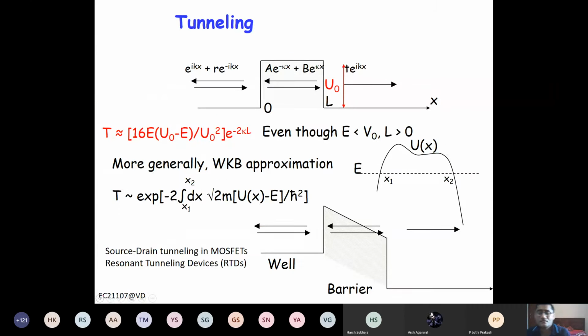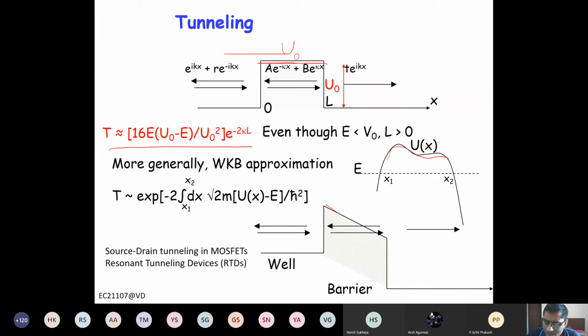Okay. So that takes us to the concept of tunneling. So in tunneling, for the barrier, we got this expression, right? Now here in the previous example, we assumed that potential was uniformly U naught here. Now in a real life situation, potential may not be uniform.